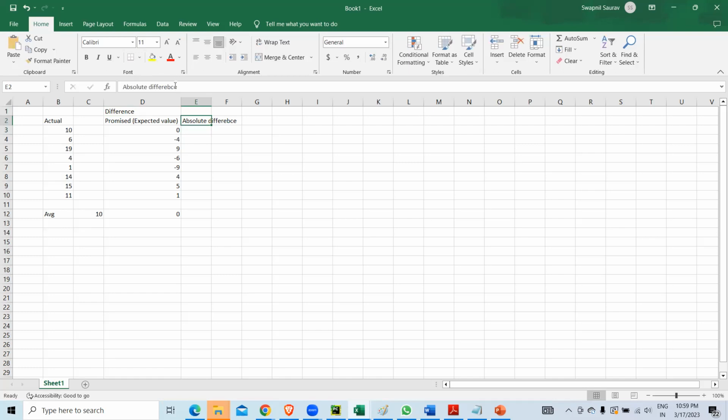Absolute difference means finding the absolute value. That means all negative numbers should be converted into positive. This is 0, but this becomes 4, 9, 6, 9, 4, 5, 1.